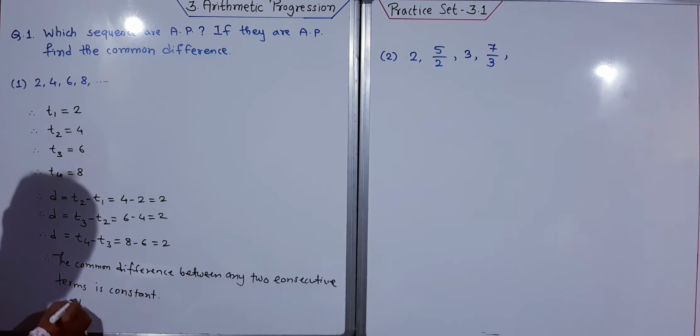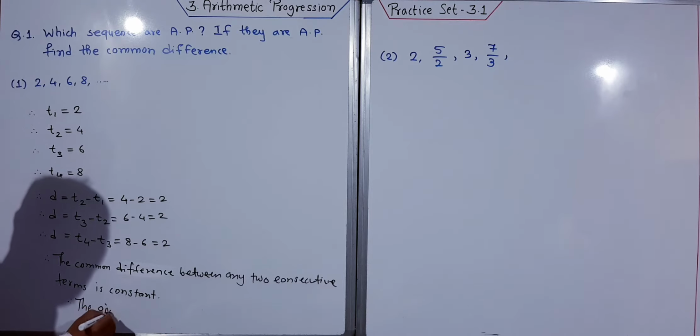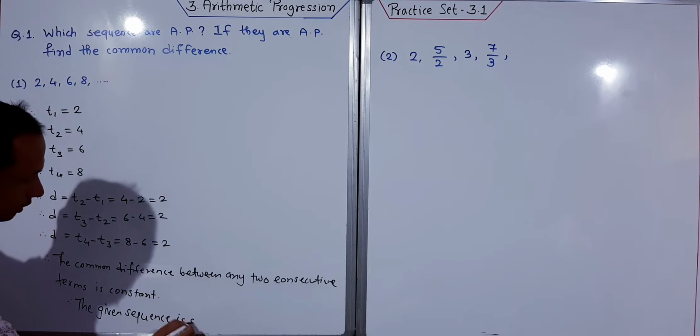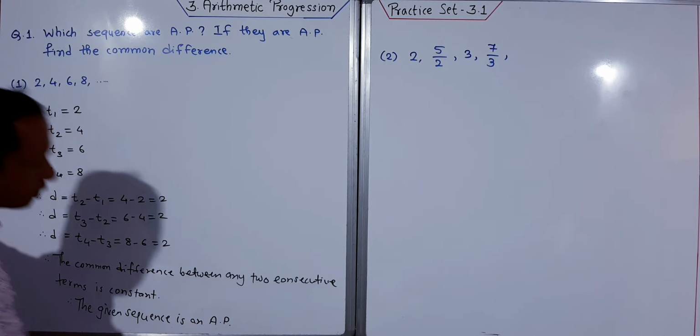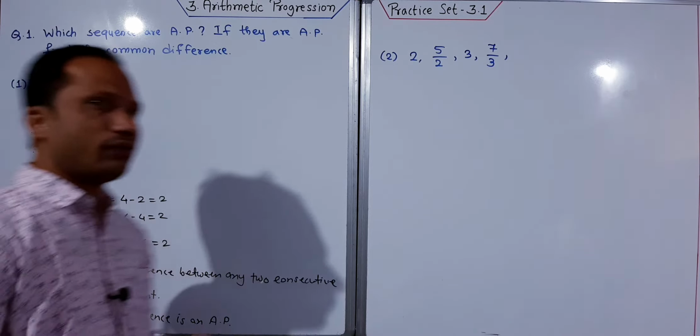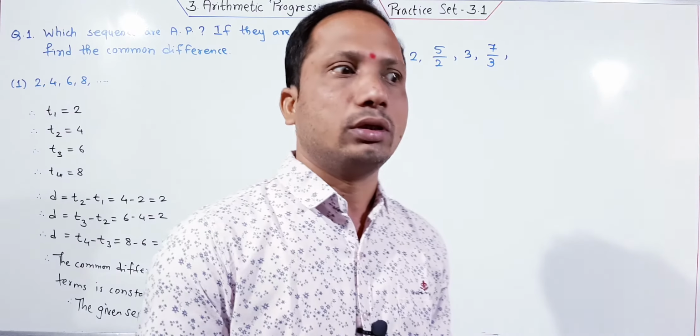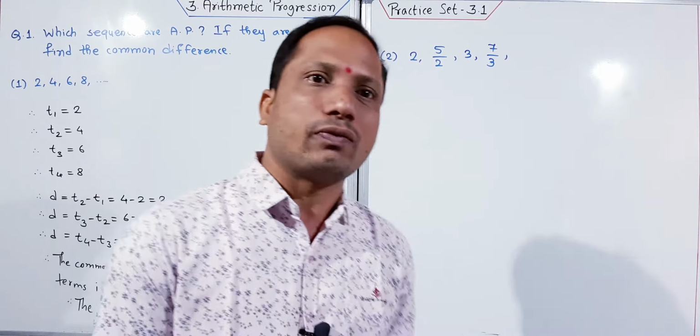So therefore the given sequence is an AP. Okay, so first we need to find the common difference, then only we'll decide. Then only we can give the conclusion that the given sequence is an AP or not.